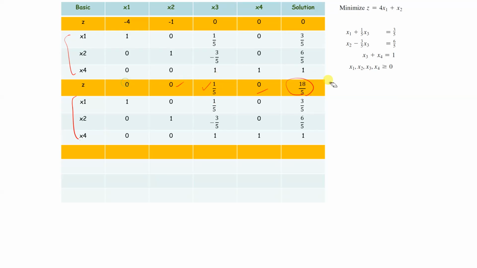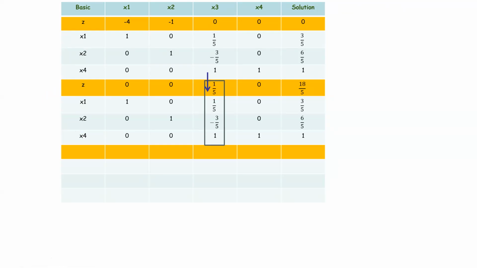And since this is a minimization problem and we have a positive coefficient in row 0, it means this is not an optimal solution. So x3 will enter as a basic variable, and let's see which of the variables will be leaving.